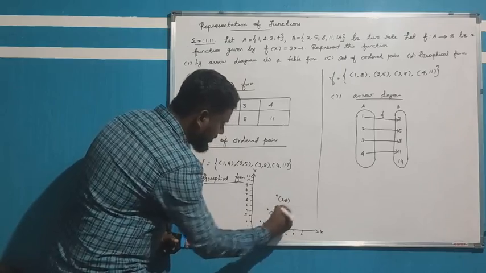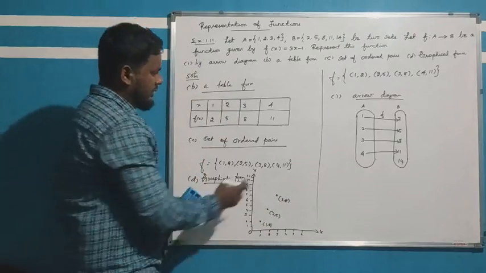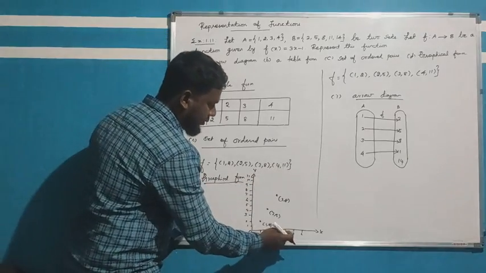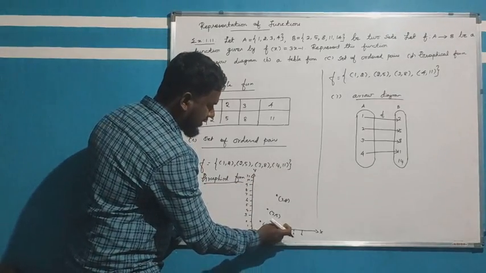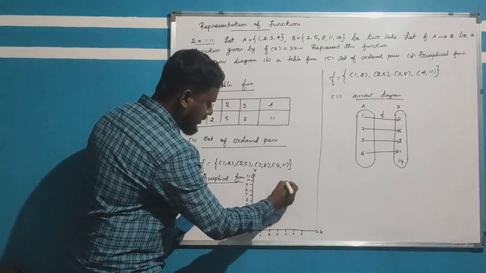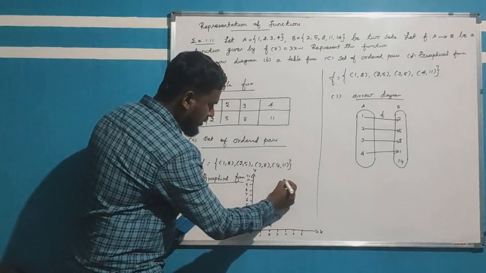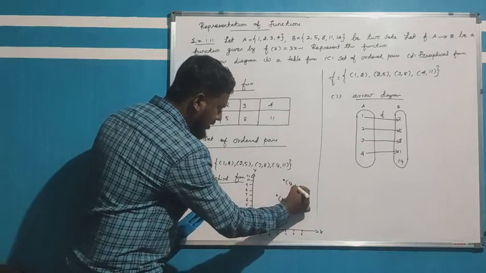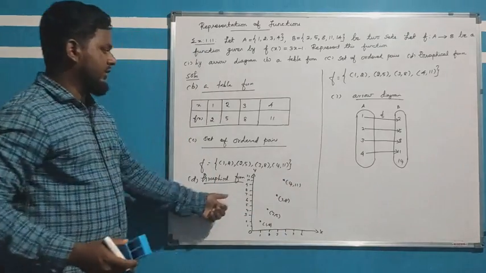Then next 4 comma 11: x-axis 4, y-axis 11. In this way we can find the graphical form.